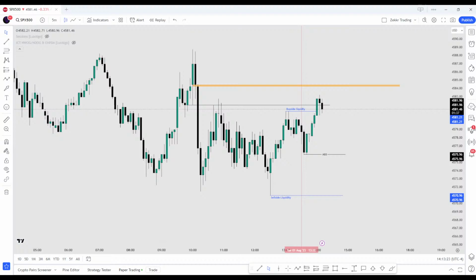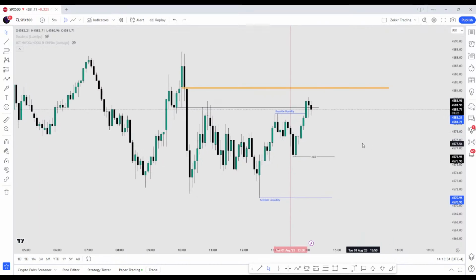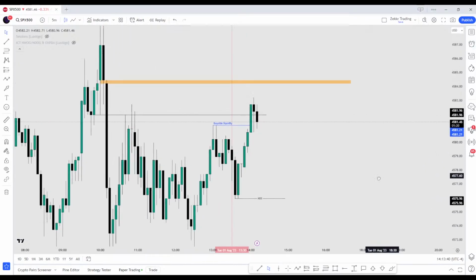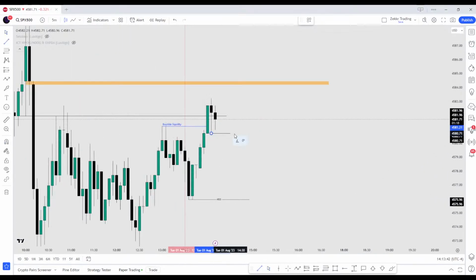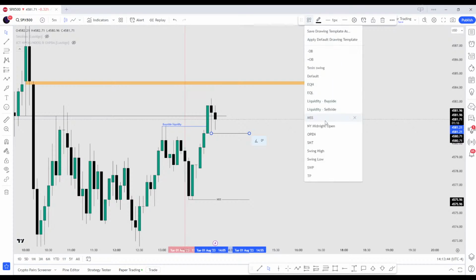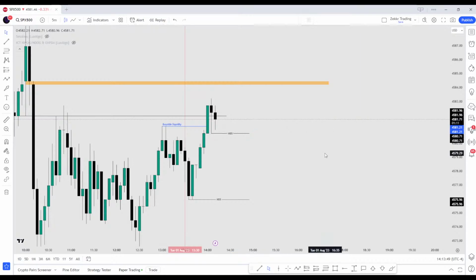Let's see. So what I want to see is just a break. I mean, we do got equal lows right here, to be honest, which act as a market structure shift.